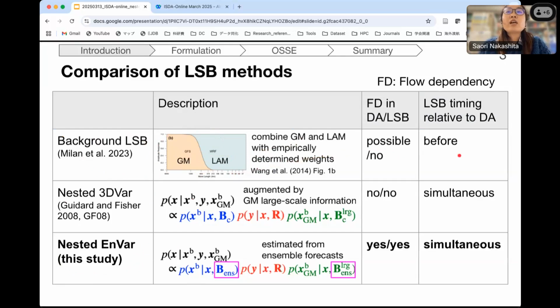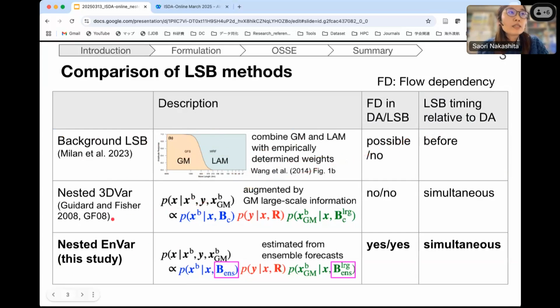The blending is applied before the DA, and the blended state is used as the first guess for the LAM DA. Since the DA method can be freely chosen, flow dependency in DA is possible, but the scale-dependent weights usually don't have any time or space dependency.